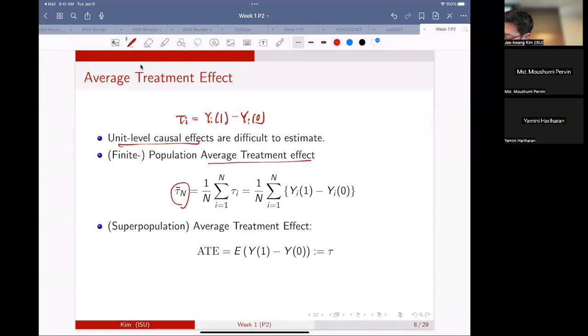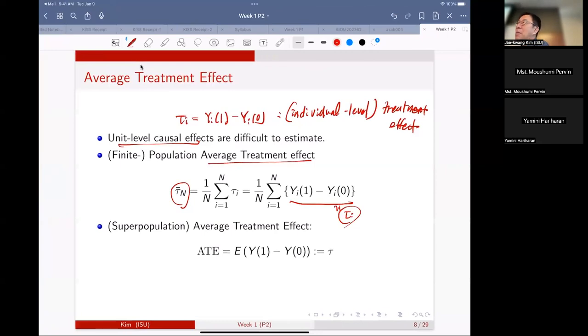Tau i is the individual level treatment effect, right? It is individual, but we average over the individuals in the population.